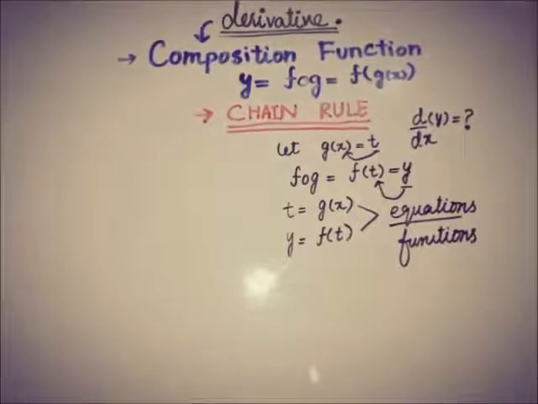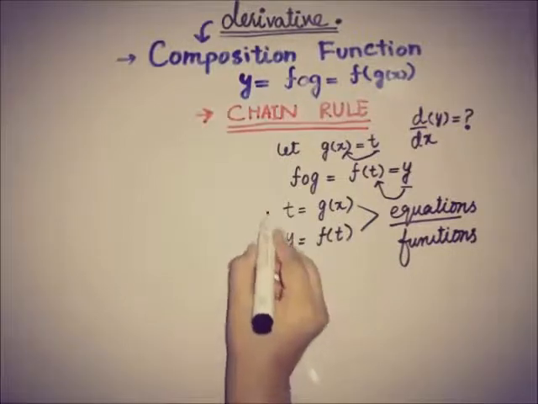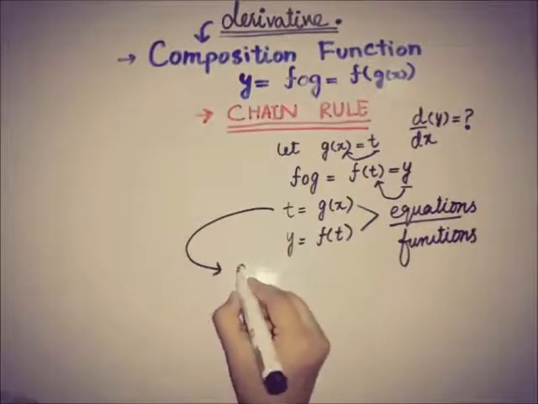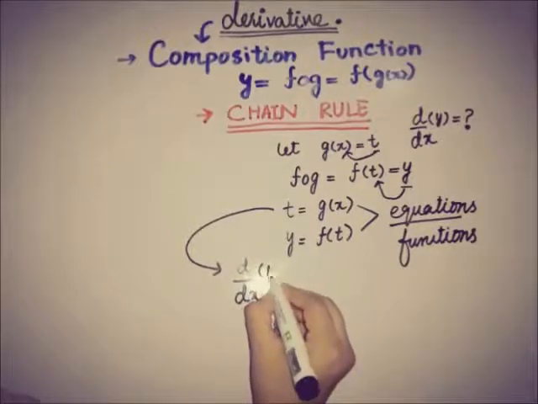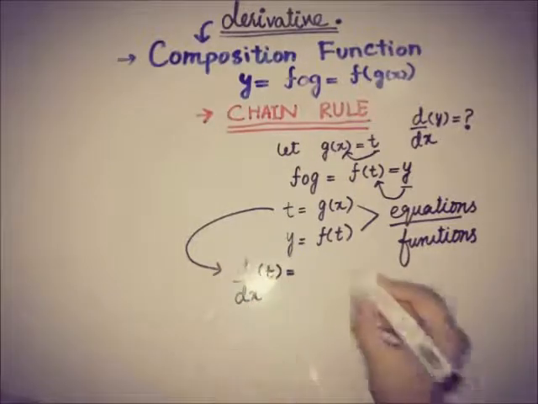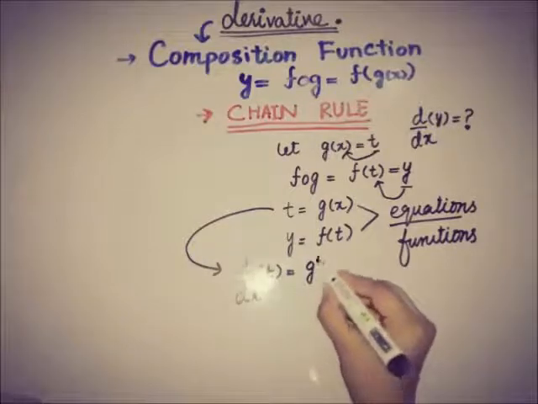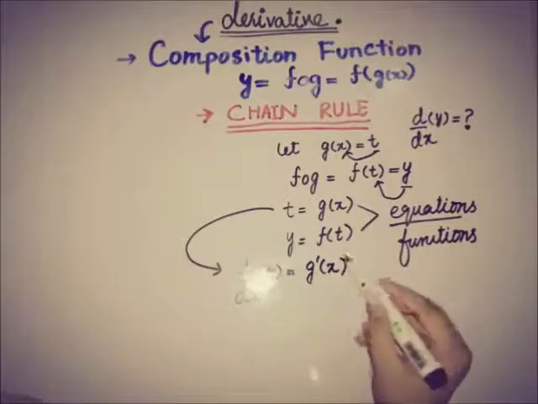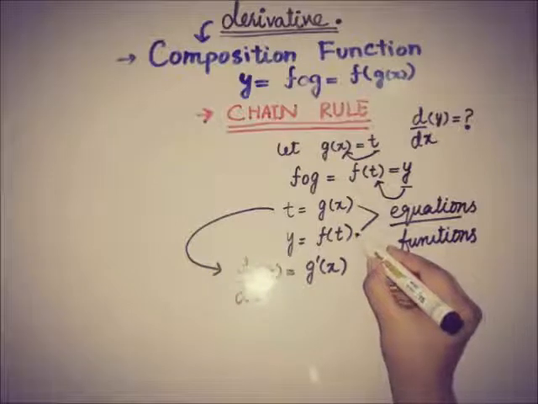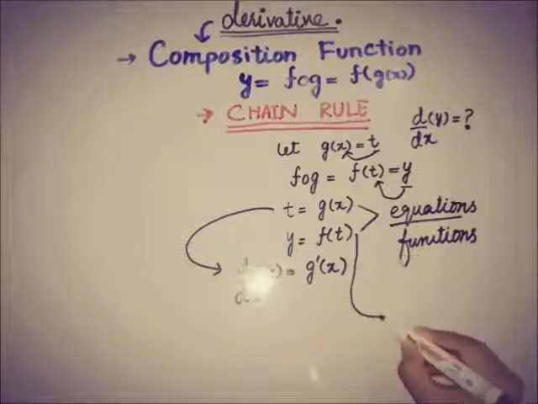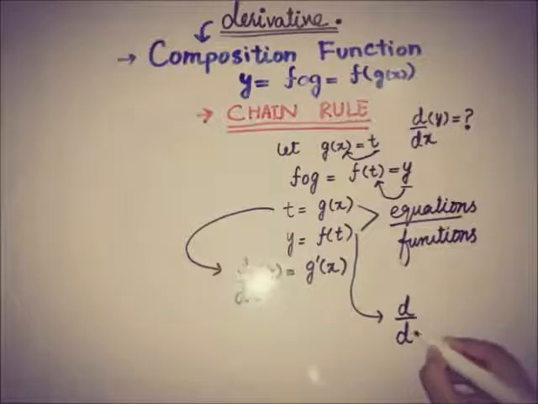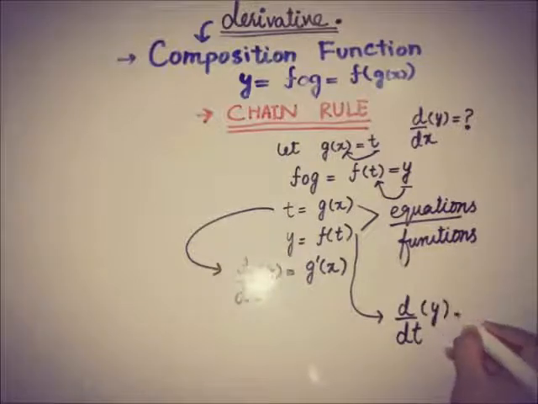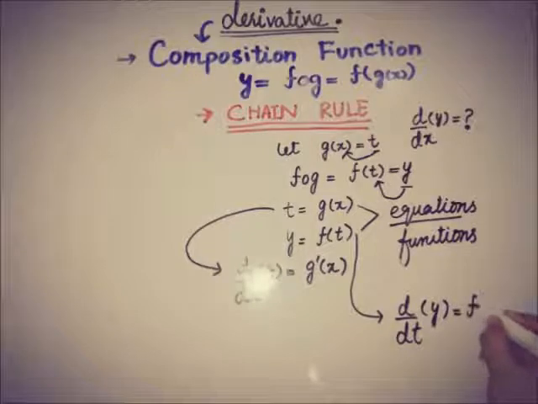Finding the rate of change of t with respect to x is equal to g dash of x, and finding the derivative of y with respect to t is equal to f dash of t.